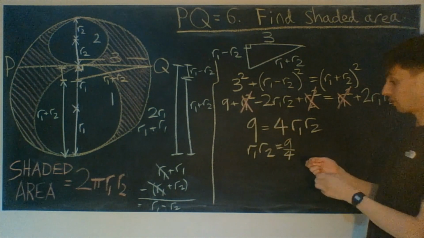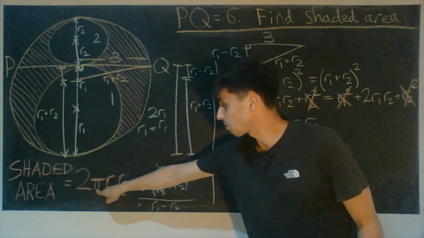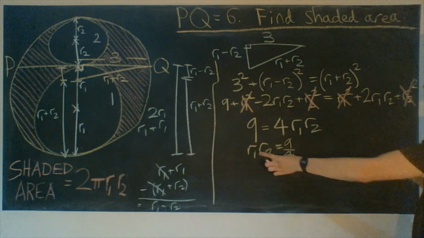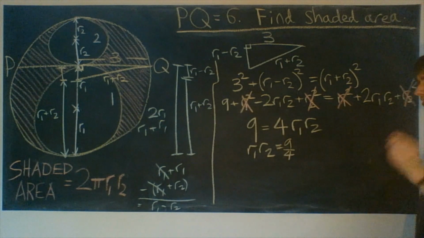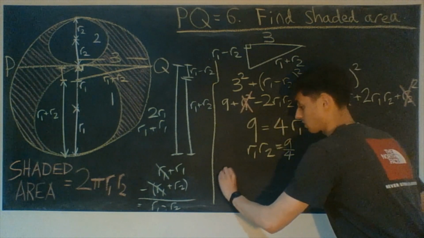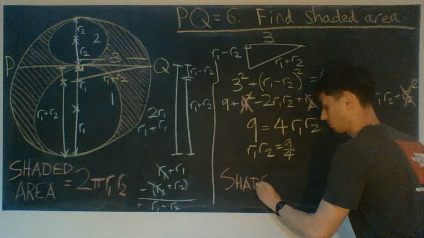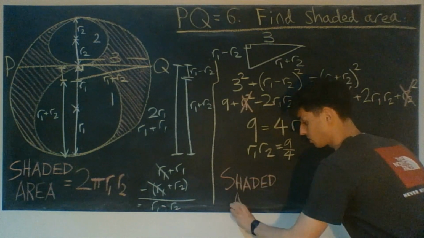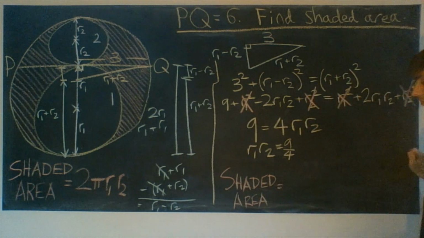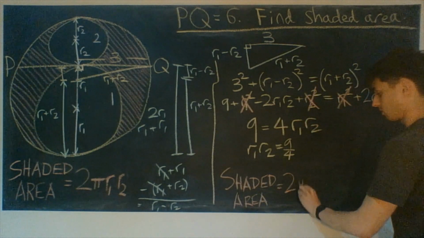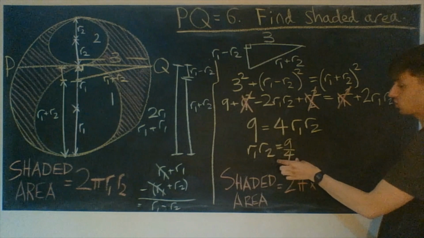Okay, we are so nearly finished then, because we said earlier the shaded area is 2 times pi times R1 R2. So to finish off, we just need to substitute this into that formula. Let's write down what we've got then. So if we put shaded area equals 2 times pi times R1 R2 is just 9 over 4.